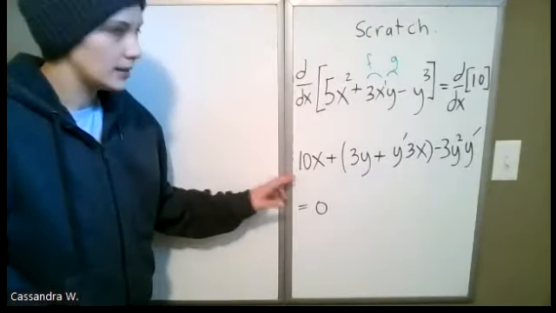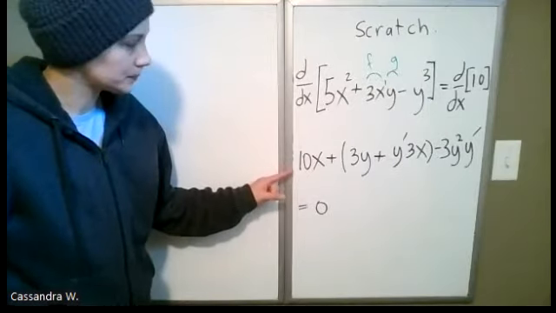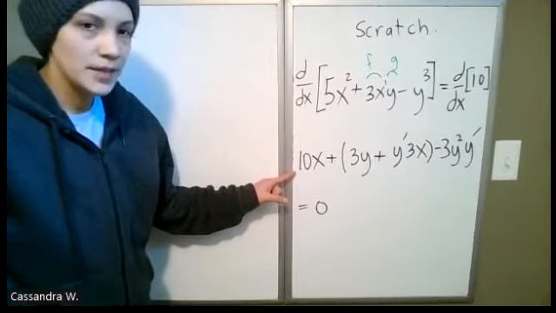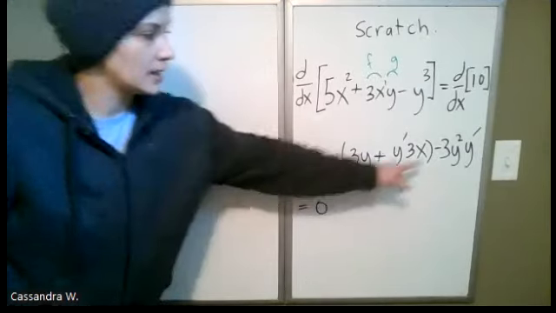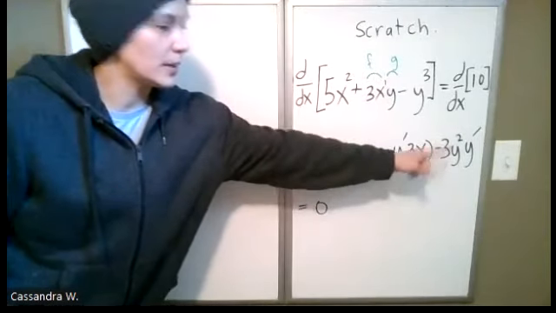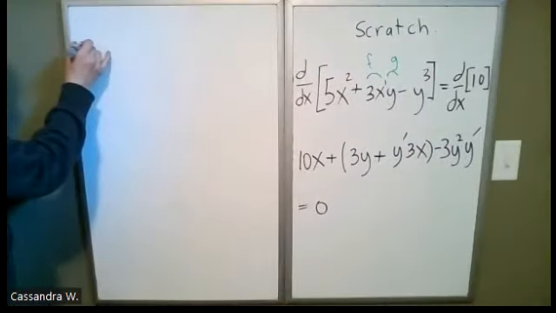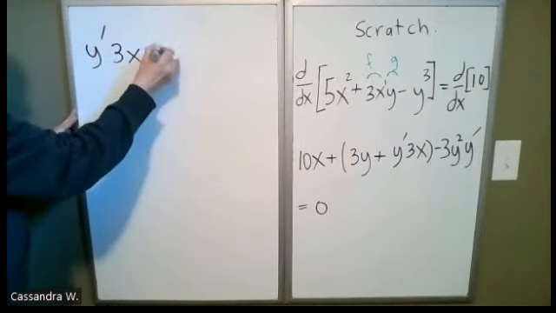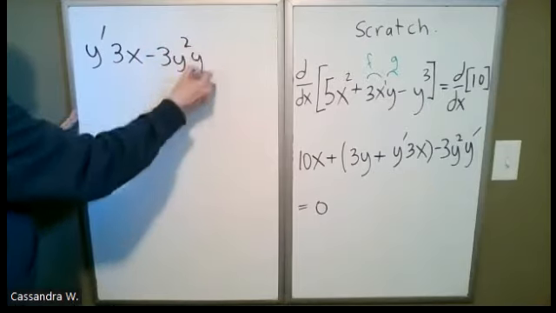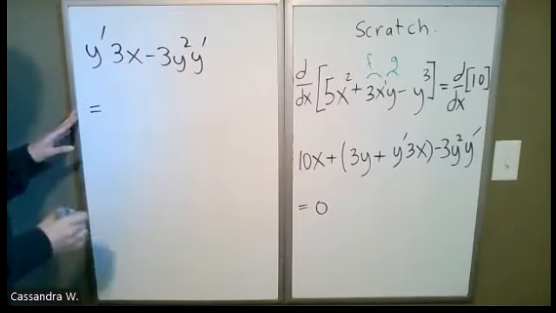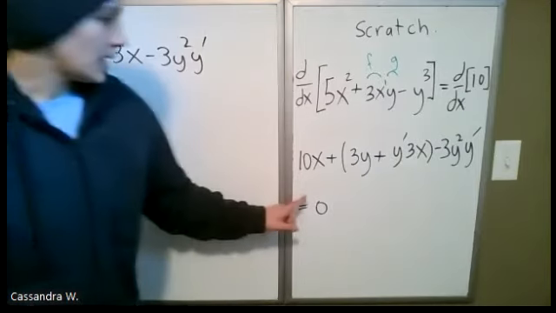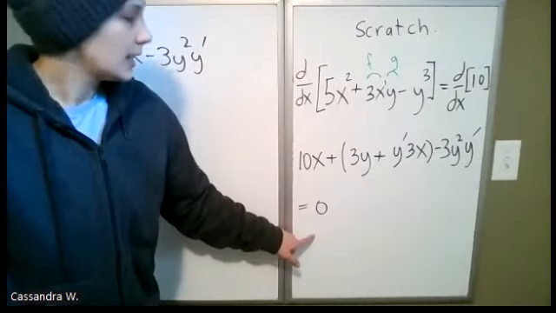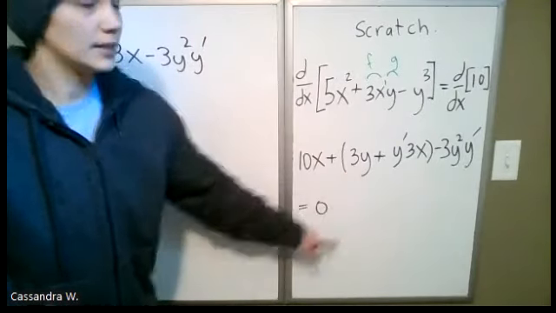Okay, so let's see. On the left side of your equation, we're going to keep the y prime times 3x and then this term here, the negative 3y squared y prime. Okay. And then we're subtracting 10x from both sides, and we're subtracting 3y from both sides.